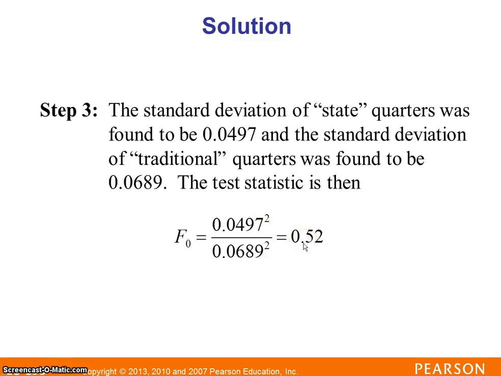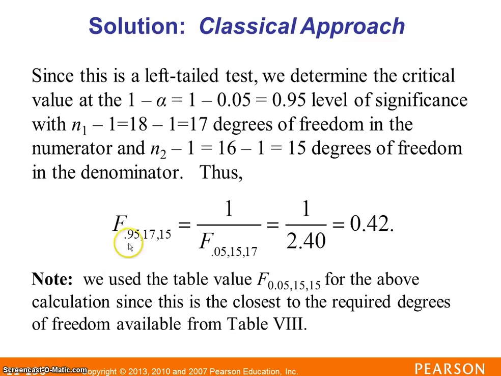If you're using the classical approach, you'd want to compare this test statistic to the value that we would look up in the table. In this case, alpha is 0.05, so that means we want to find F of 0.95. The number of traditional quarters was 18, so that gives you n minus 1 degrees of freedom there, and the number of state quarters is 16, so that will give you 15.